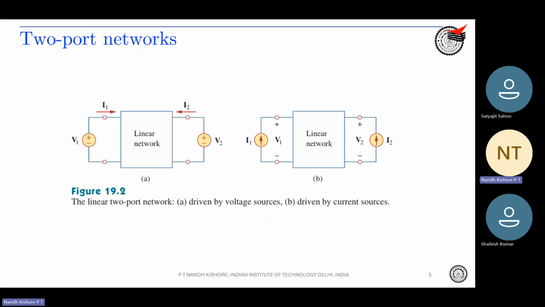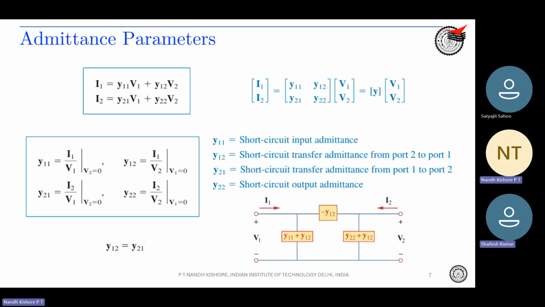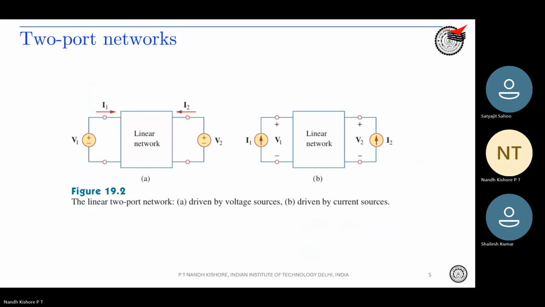If port 1 is short circuited, V1 is equal to 0, correct? And we are talking about Y parameters. So port 1 is short circuited, which means that V1 is equal to 0, right? It's a short. So V1 is equal to 0.